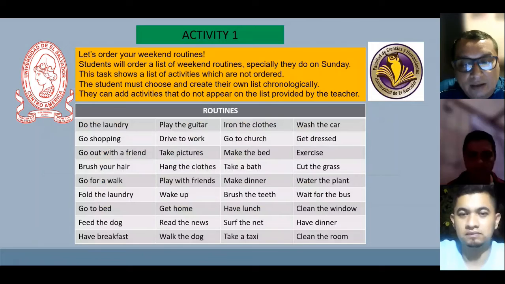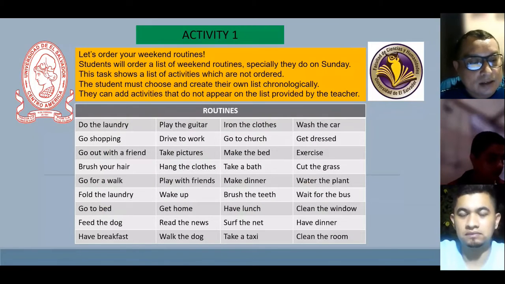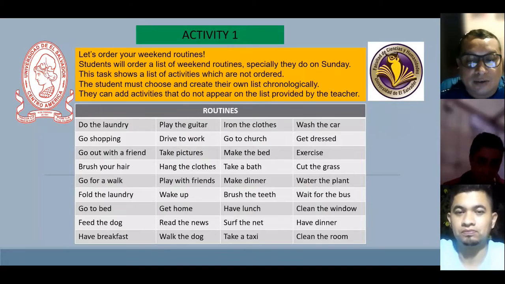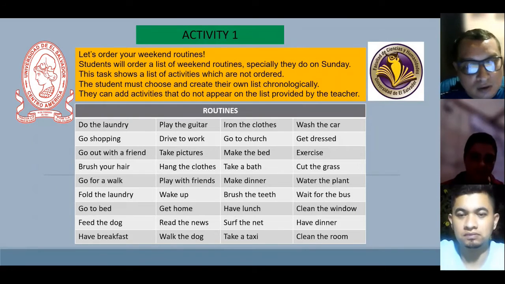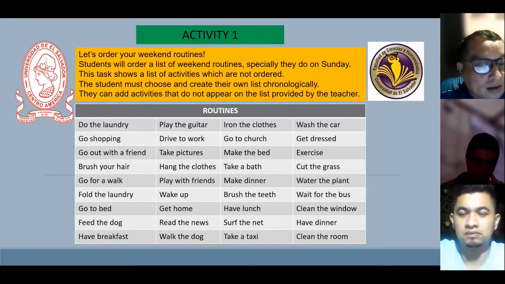In this chart, we see a list of routines. Iron the clothes, wash the car, play the guitar. You have to order your weekend routines. You can choose 1, 2, 3, or 4, 5 as you want. Order these activities because they are in disorder.